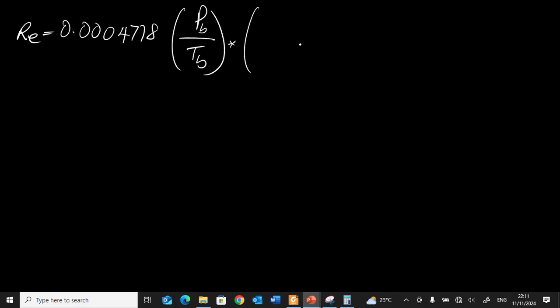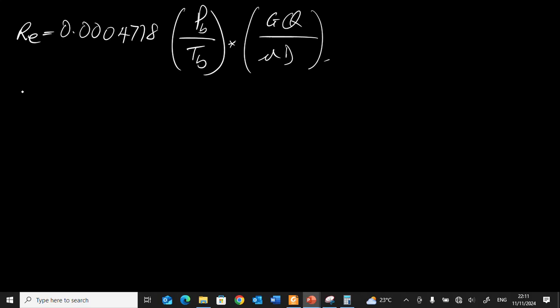To calculate the Reynolds number, the formula for this, in empirical units, is 0.00047778 times base pressure divided by base temperature, times the bracket open gas gravity times the flow divided by viscosity, divided by the internal diameter. So now this is what we use.